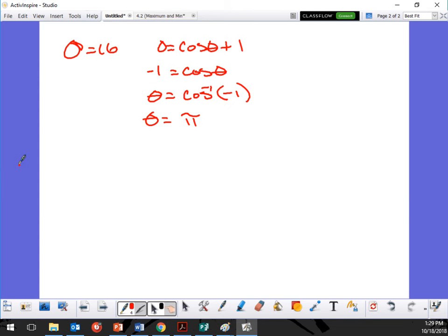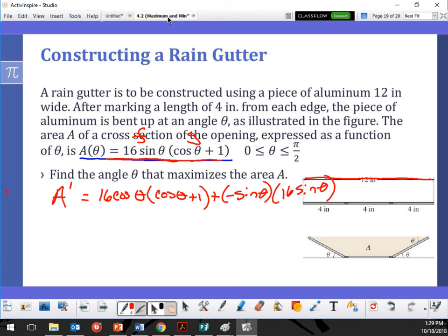All right, so now, is that in my interval that was given to you at the beginning? No. If I think about the angle theta, remember, what is pi over 2 in degrees? 90 degrees. That's straight up and down, right?